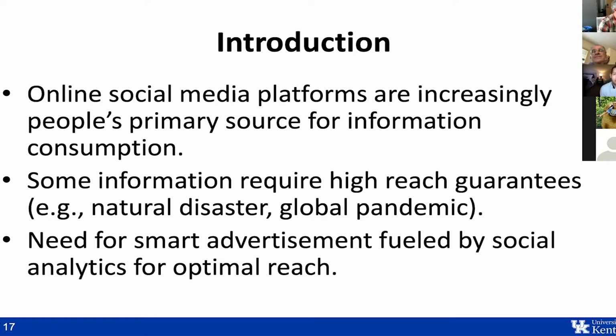It might be related to a very critical problem that we need to make sure people respond to, and that they get the information. An example would be a natural disaster, or, if you can imagine such a thing, a global pandemic. So with that in mind, we need to make sure that we are able to reach people with crucial information as optimally as possible.